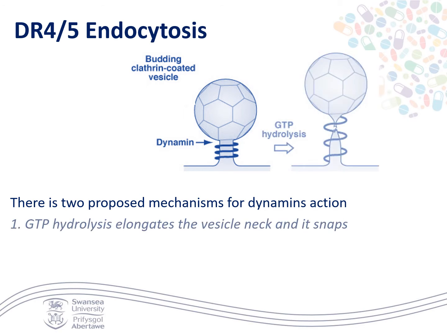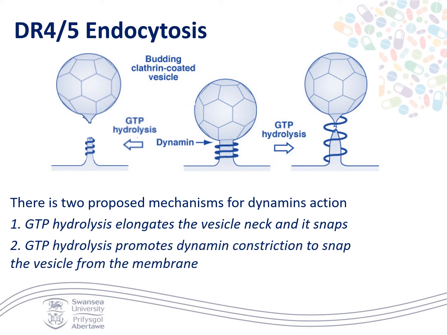Proposed mechanisms include the fact that GTP hydrolysis may elongate the vesicle neck, so essentially dynamin pushes the vesicle away from the membrane, and as it keeps pushing, eventually there will be a scission event and the vesicle snaps free from the membrane.